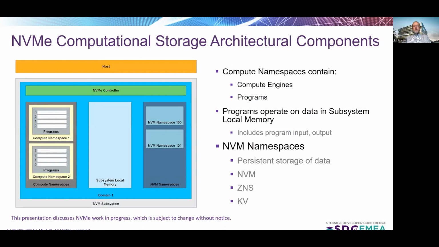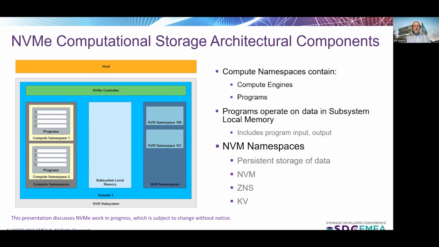So next, I'd like to go over a brief model of the NVMe computational storage architectural components. This is a work in progress within NVMe, and it is subject to change, but this is the current state that the architecture is in within NVMe.